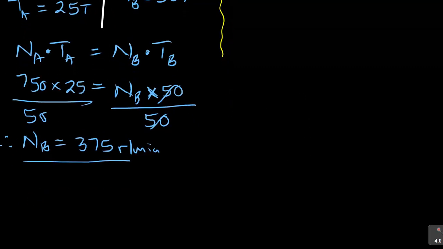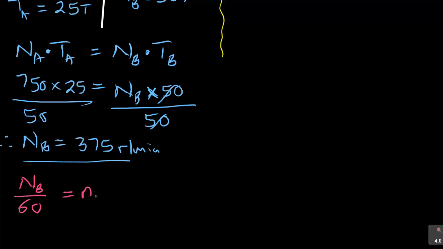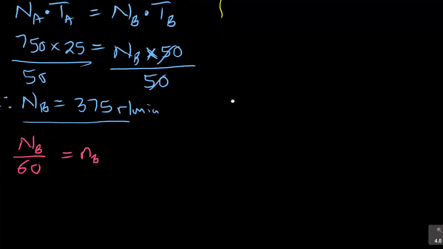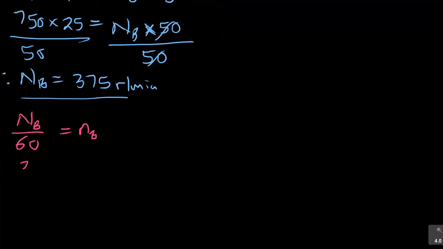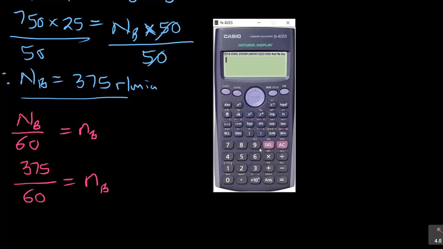You use that formula which says NA over 60, in this case NB over 60, is equal to the smaller NB. So you take this 375, you say 375 over 60, then you convert it to give your answer in rotation per second.